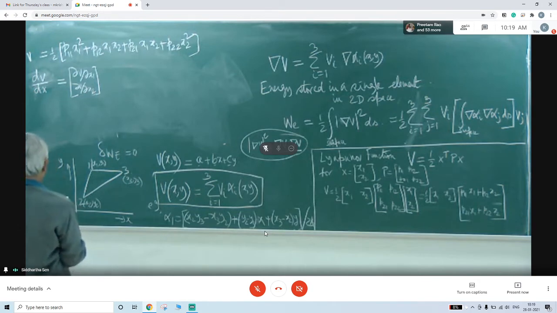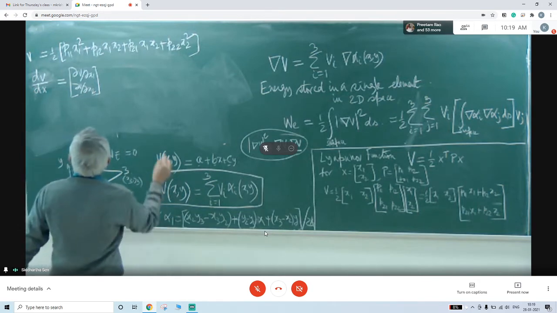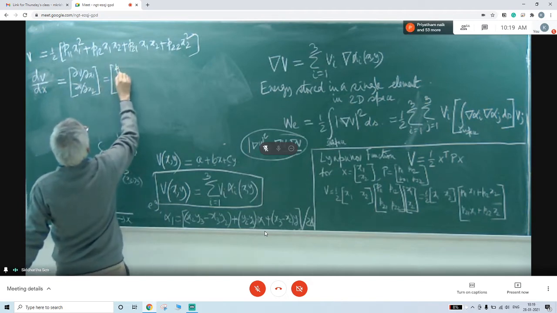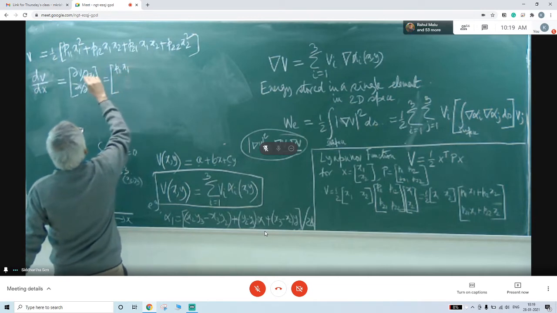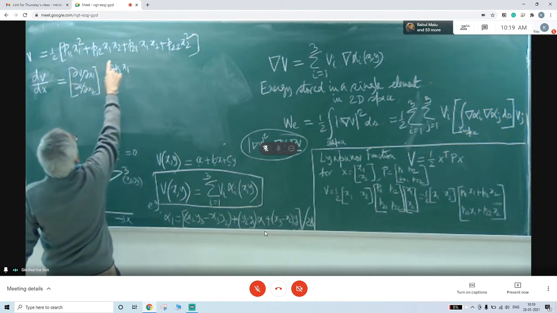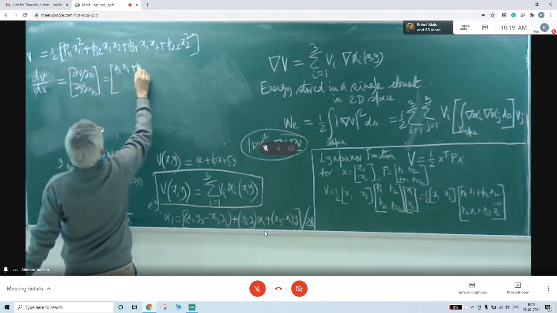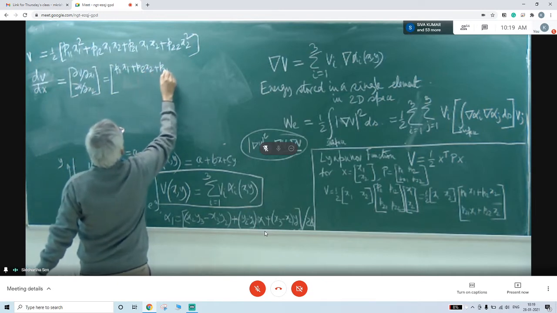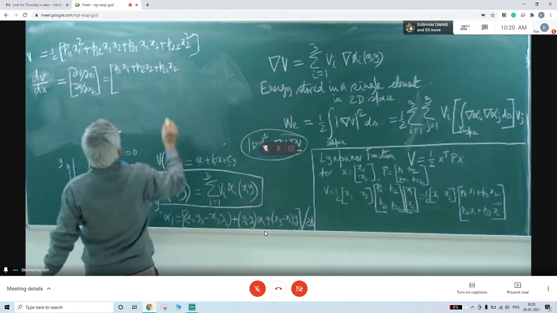So what will be the value here? Del V del x1 is P11 x1 plus P12 x2 plus P21 x2.